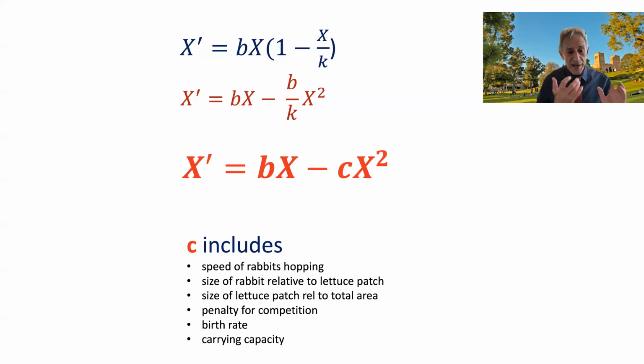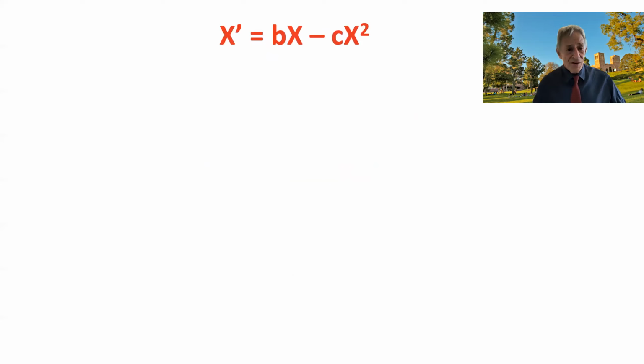And so now we can make a much stronger statement about the C parameter: it includes at least these factors, and as you see in the bottom, it has to include in addition the birth rate and the carrying capacity. So that's our model.